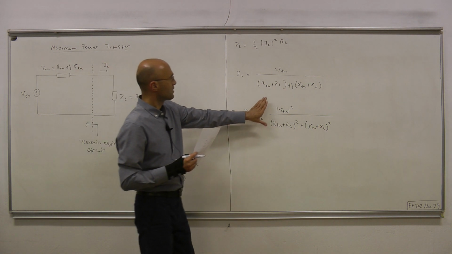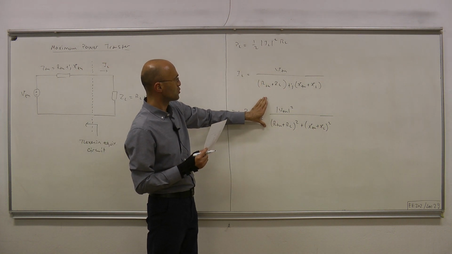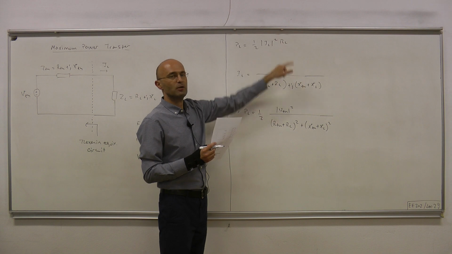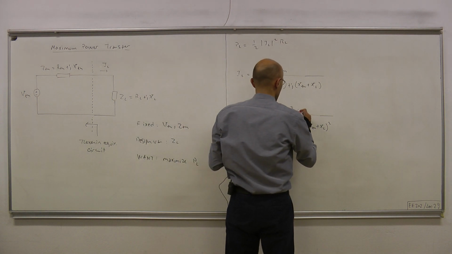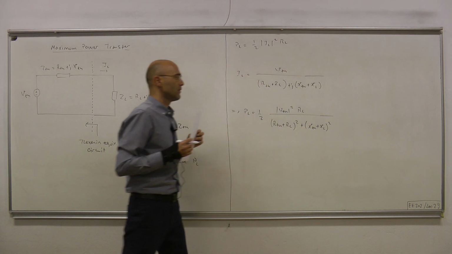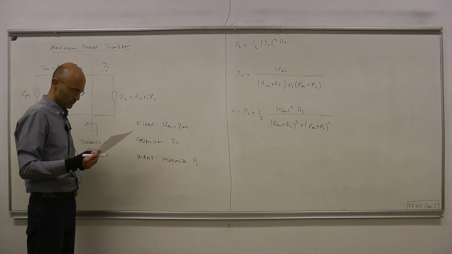That's the IL magnitude squared, and with that we're multiplying RL. So here we also have an RL in the numerator.